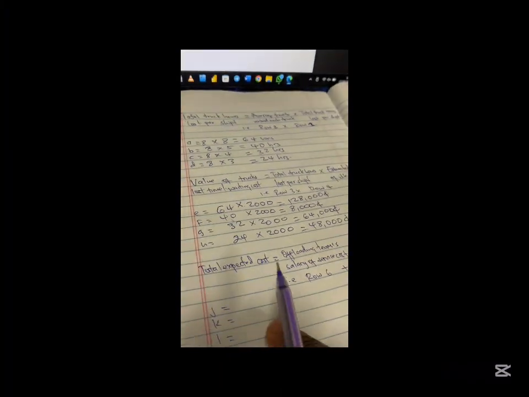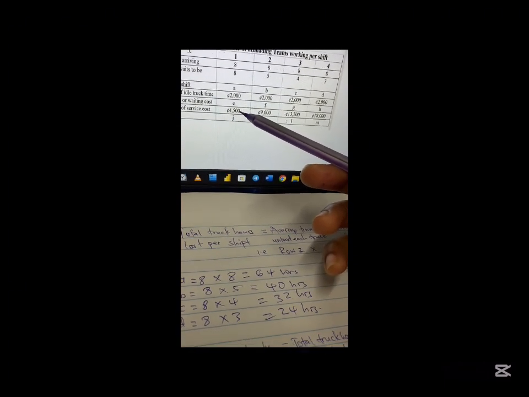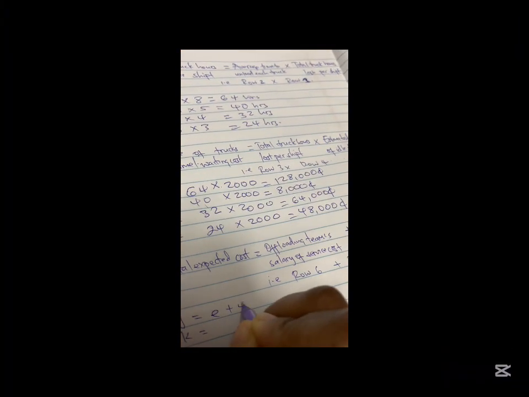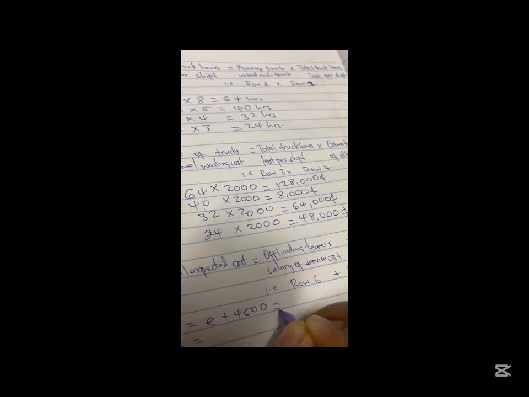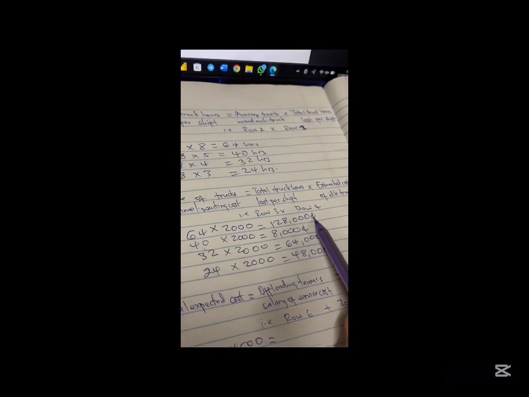So to get the value of J, it means it will be E plus 4,500. But we have the value of E already, which was 128,000 cedis.